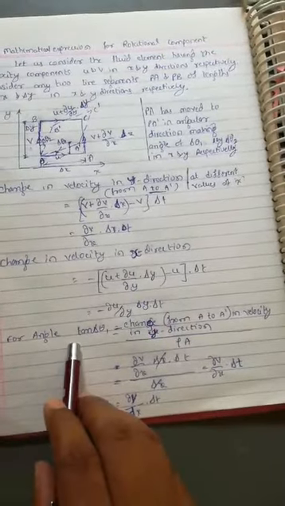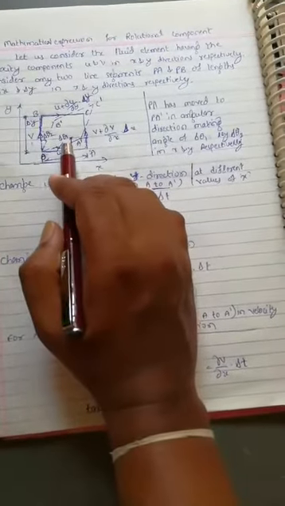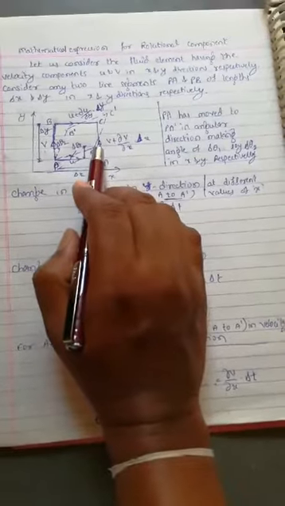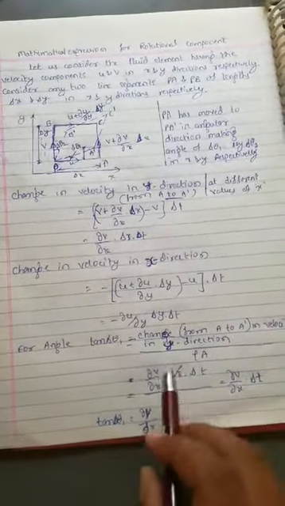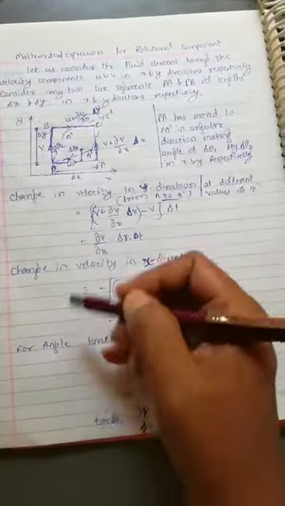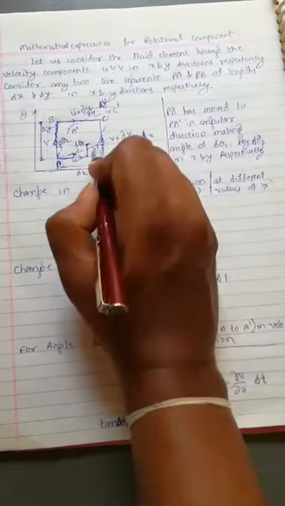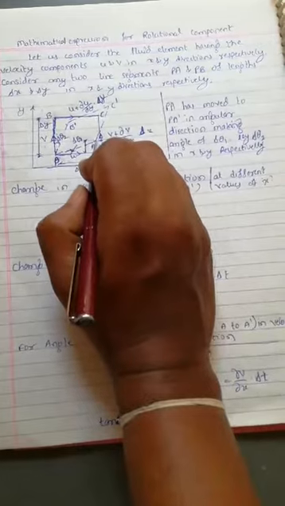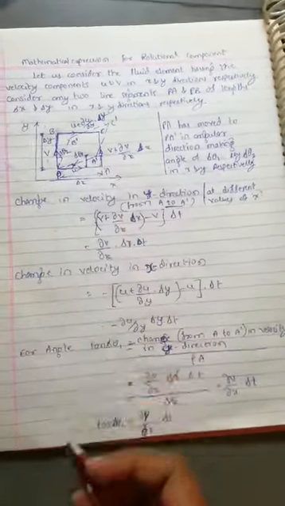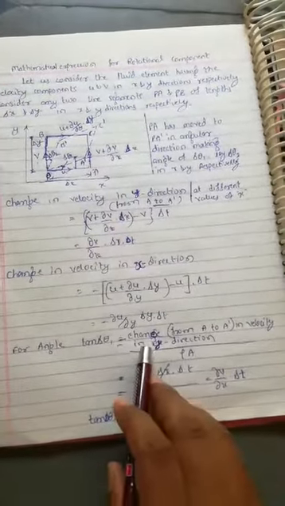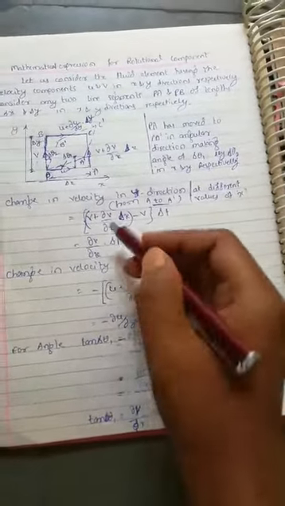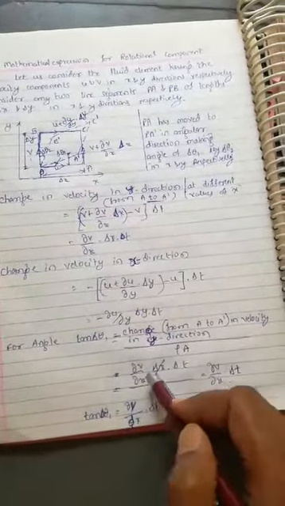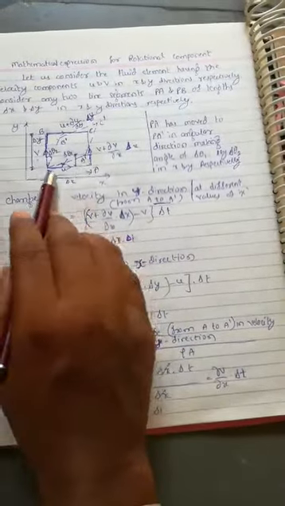Now for the angle, we are required to find this angle, because the angular rotation is there, the body has deformed angularly. So tan delta theta 1, this is the height through which the body has deformed angularly. So the change in y direction distance, the change in velocity in y direction, we will substitute it here, and divide by PA, this is the distance.